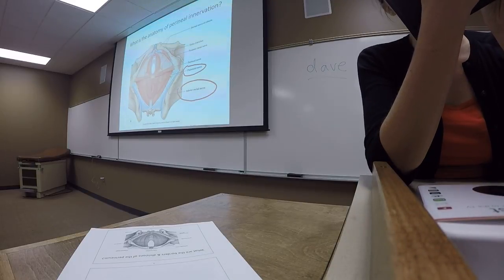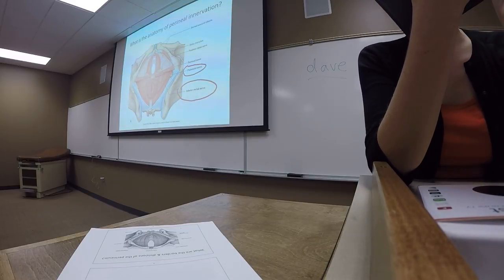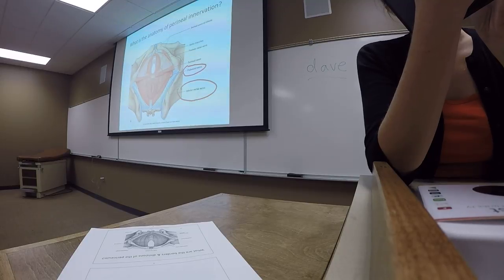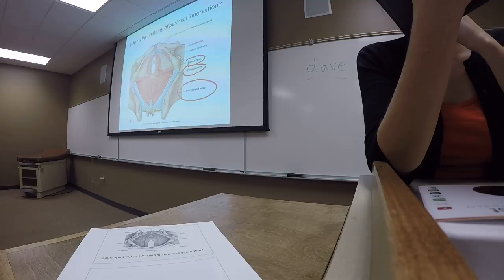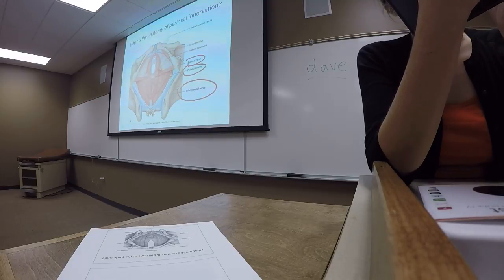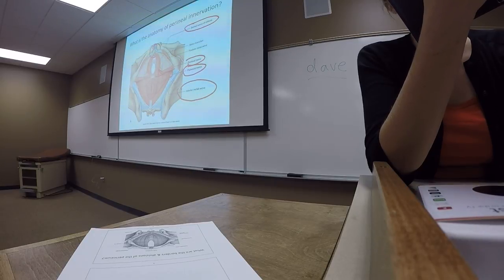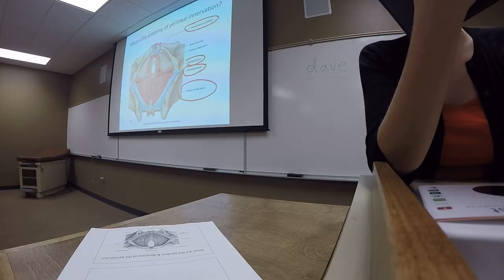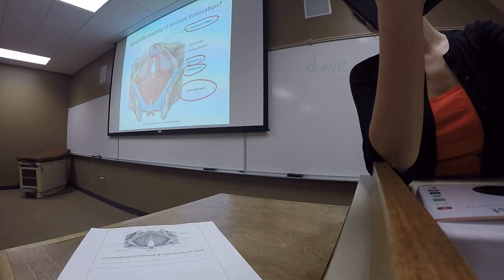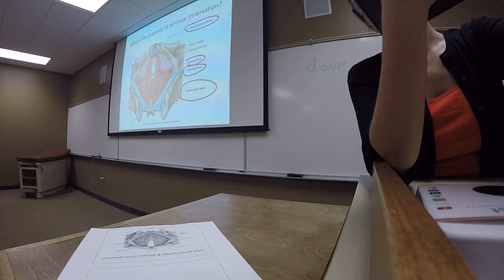Here is that exit point right there. Here's the perineal nerve moving forward into the urogenital triangle. And here you see the dorsal nerve of the clitoris innervating the clitoris, as the dorsal nerve of the penis does in the male. Okay, so those are the three branches of the pudendal nerve.